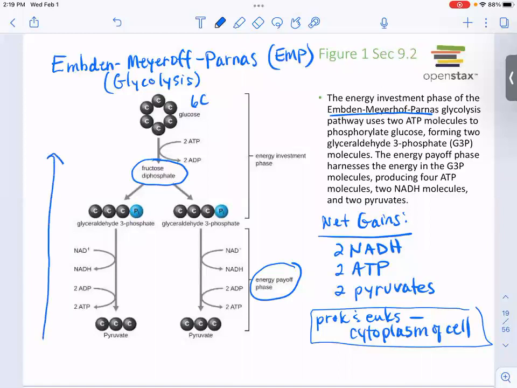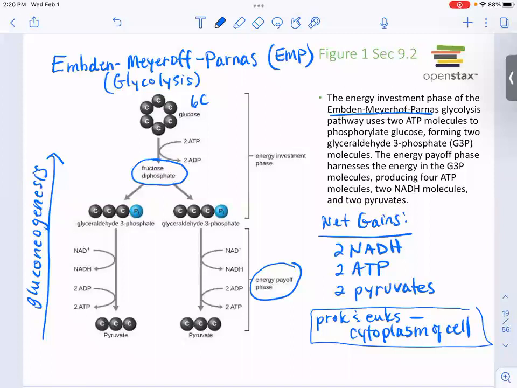Most organisms can actually run this pathway the other way, and we call that gluconeogenesis. Say an organism is not starting out with sugar, maybe it's metabolizing lipids instead, and it actually needs sugars to make some kind of cellular structure.